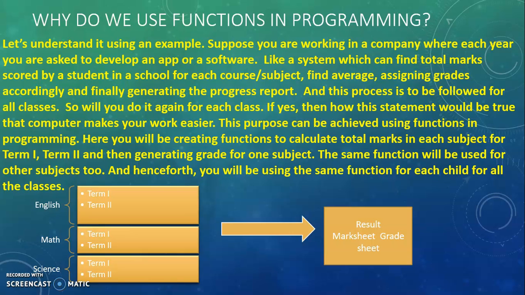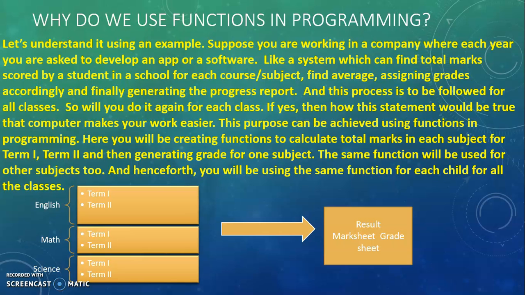Now the same function will be used for all the other subjects for a student, and then you will generate the progress report or grade sheet for that student. This way you will find the grade sheet for all the students of a class, and the same function will be applied for each child for all the classes in the school. So you will define the function once, but you can use it any number of times.